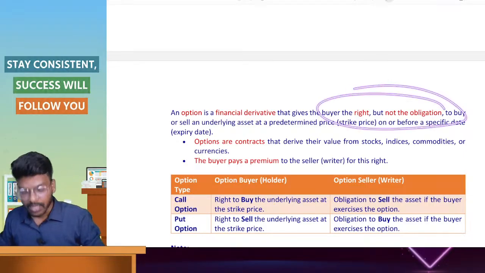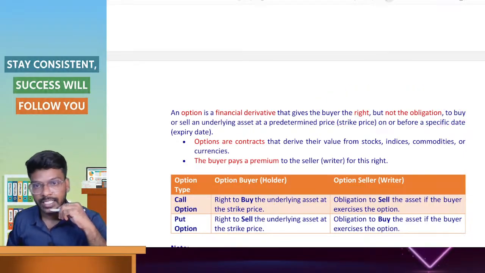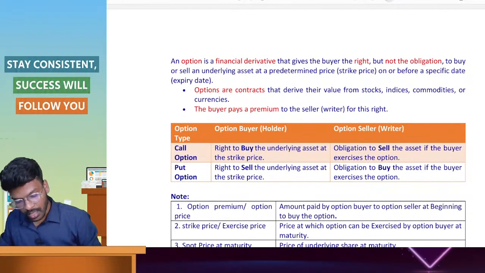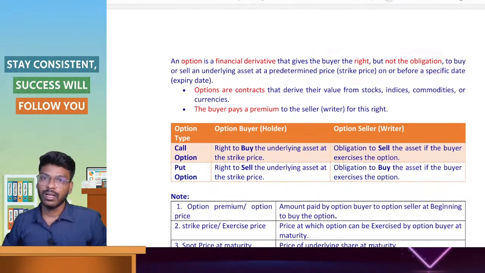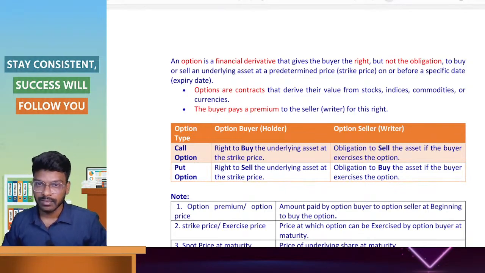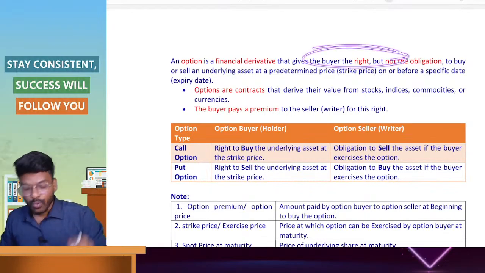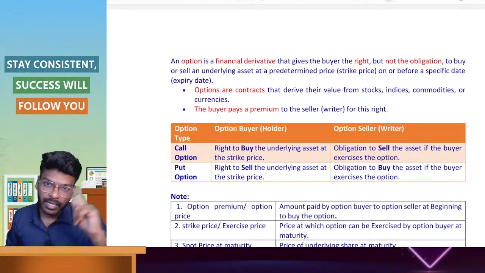But in case of financial management, options are traded on exchanges. Okay, options are traded on exchanges regulated by NSE, BSE. One person will have a right, another person will have an obligation.